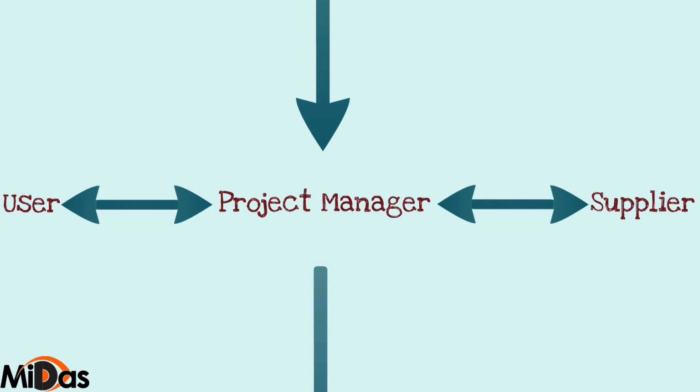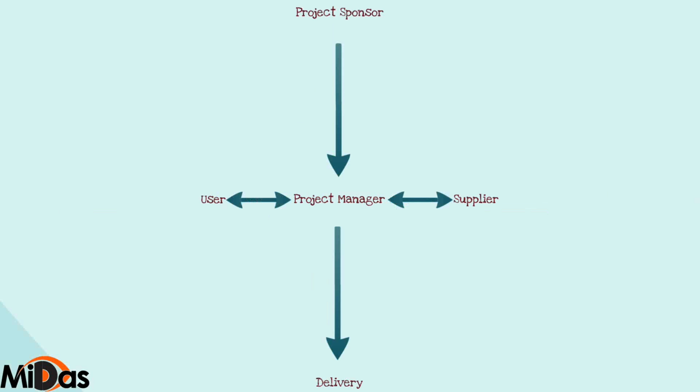So he's handling issues across levels, vertically above with the project sponsor and below at the delivery level. The project manager would also be taking care of delivery, or delegating things to the delivery team to deliver the products of the project.